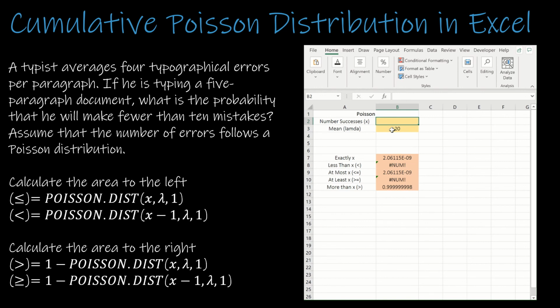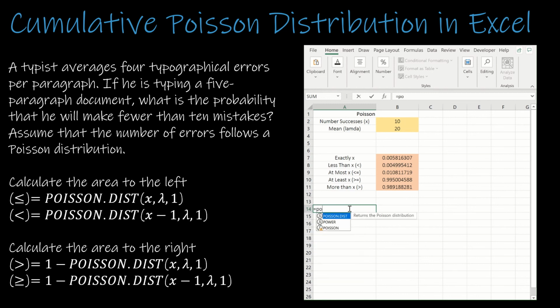If he is typing a 5-paragraph document, what's the probability that he will make fewer than 10 mistakes? So if I put 10 here, it's going to take 10 or fewer, which is why we're going to use this value, less than, which means we're taking 9 or less. So again, if I were doing this for a forum post, I would take not 1 minus, we're going to the left.